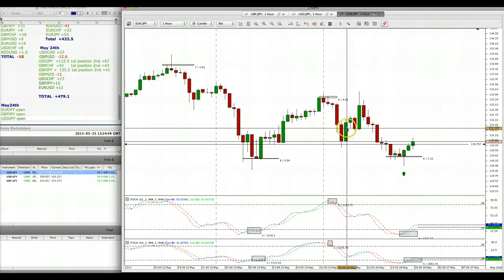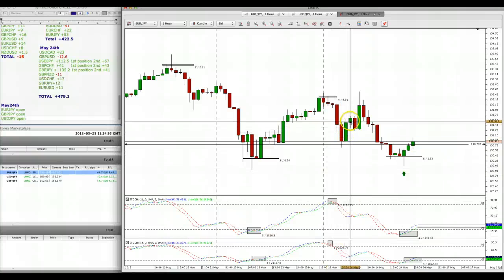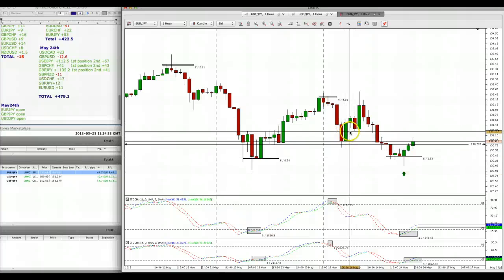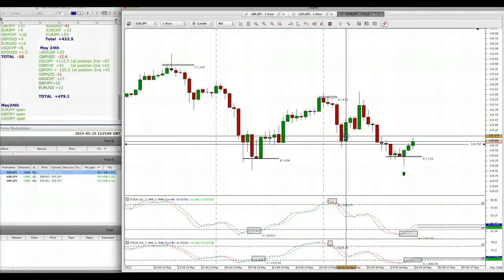Now this trade did qualify, but the stochastics indicator was not oversold. So you could have just skipped this trade, but even without stochastics, this trade actually worked for a few pips, and it went up 90 pips. We have a color change candle.